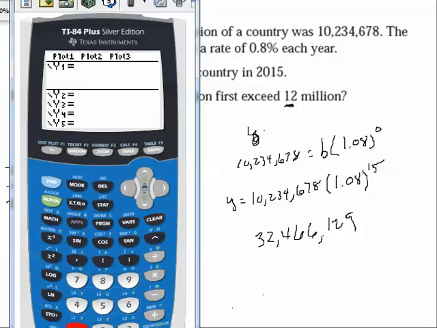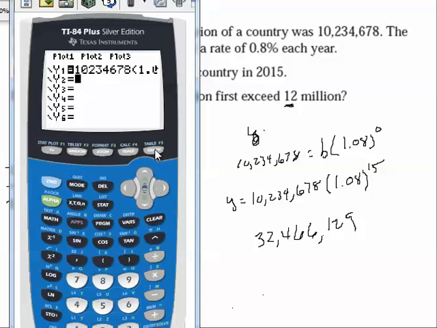Put the formula in here. 10,234,678 times 1.08, and then raise that to the x power. Okay? Press enter. Graph it out.